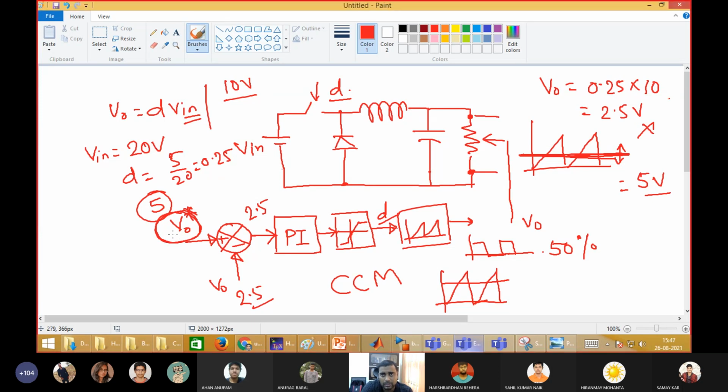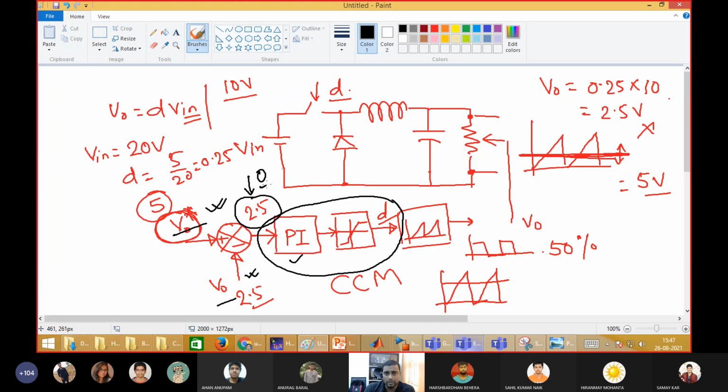Then the PI controller, this entire thing, will adjust the D so that this error becomes zero. The error is the difference between the dictated value and the actual value. It will adjust D until this error becomes 0, which means the output voltage becomes equal to the reference value.